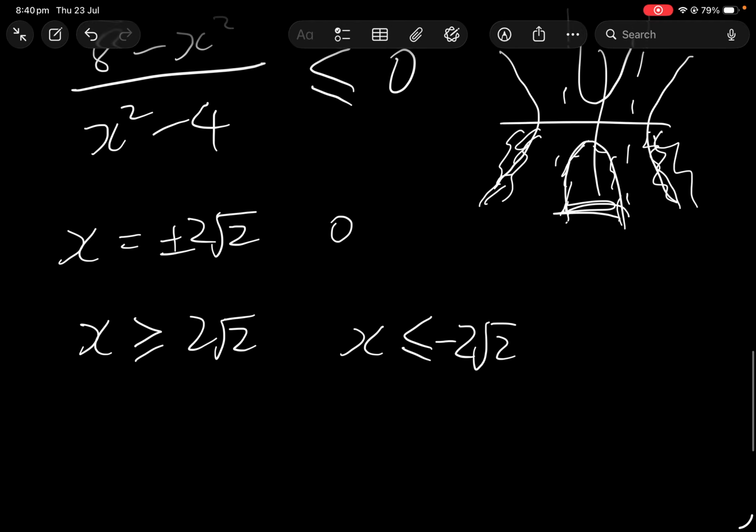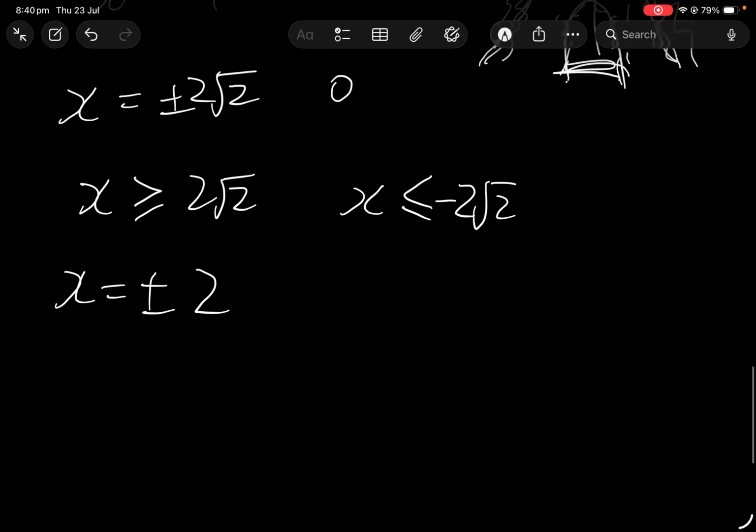So the asymptotes are at x equals plus or minus 2, so that means x just has to be between them, but they can't equal or it becomes undefined. So x has to be bigger than -2 and smaller than 2.